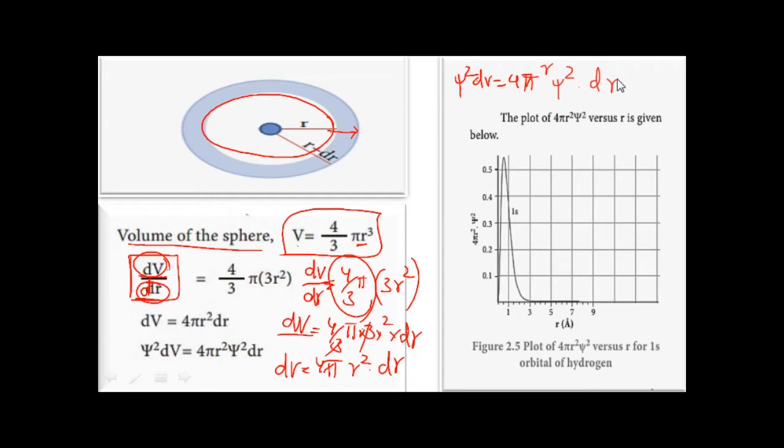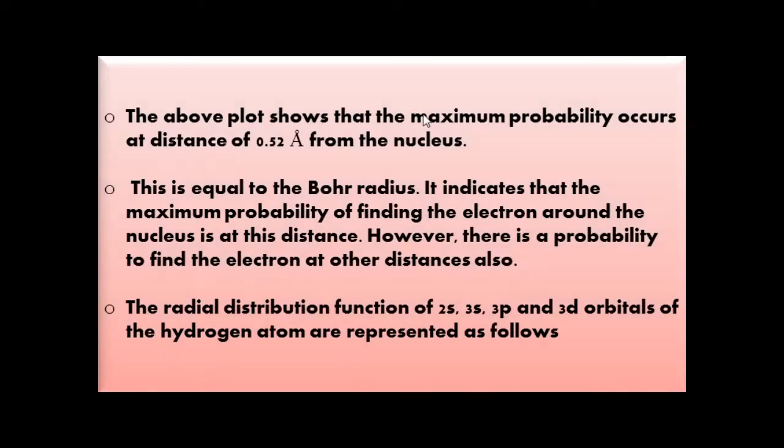It is the probability density, that is, the density at a distance from the nucleus.